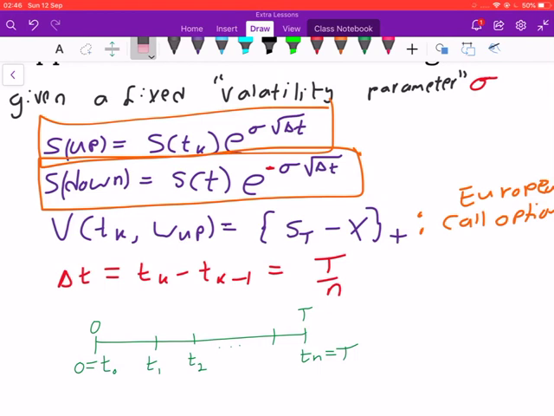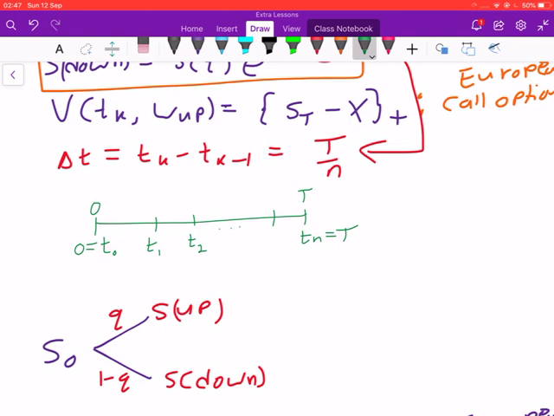So we spoke about the change of time here. I just wanted to clarify that the change of time is basically this equation over here. If we have a 2 binomial model or maybe a 3 binomial model, you are simply going to divide the maturity by the number of models.